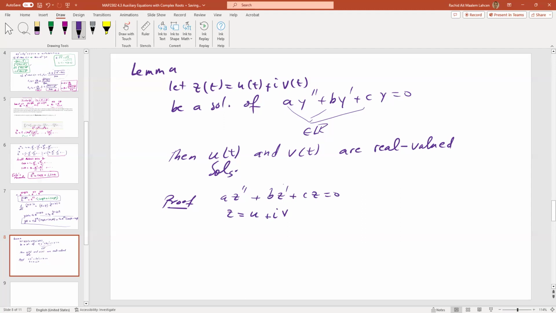Yes. So I recommend you try it. You take the second derivative, you take the first derivative, you replace them here. Then this is just z as it is. Then you collect the real parts and you get something like this.